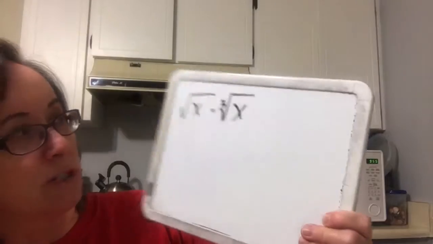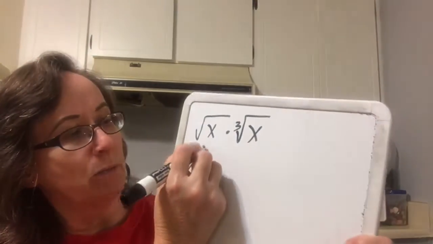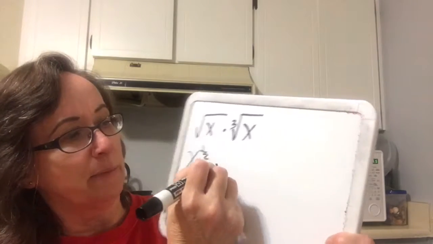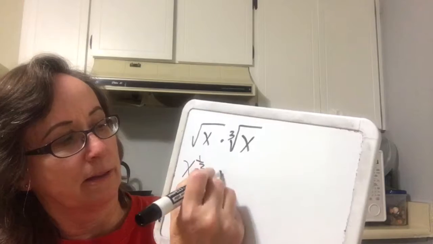So here we have a square root and a cubic root. So this is going to be x to the 1/2 times x to the 1/3, excuse me.